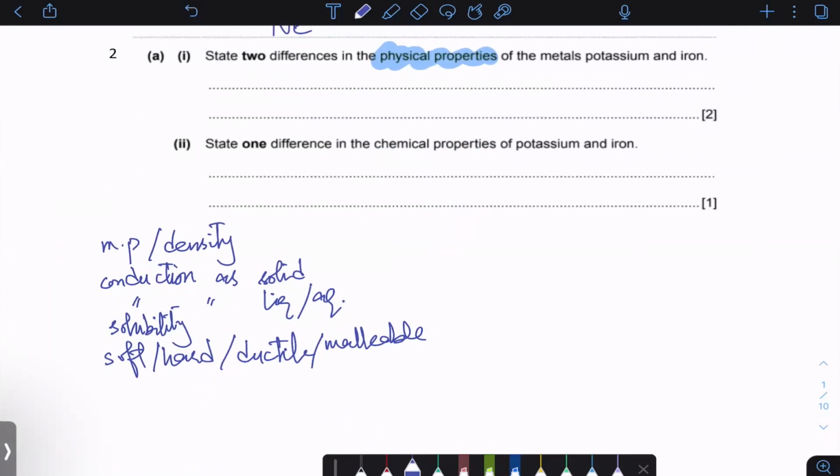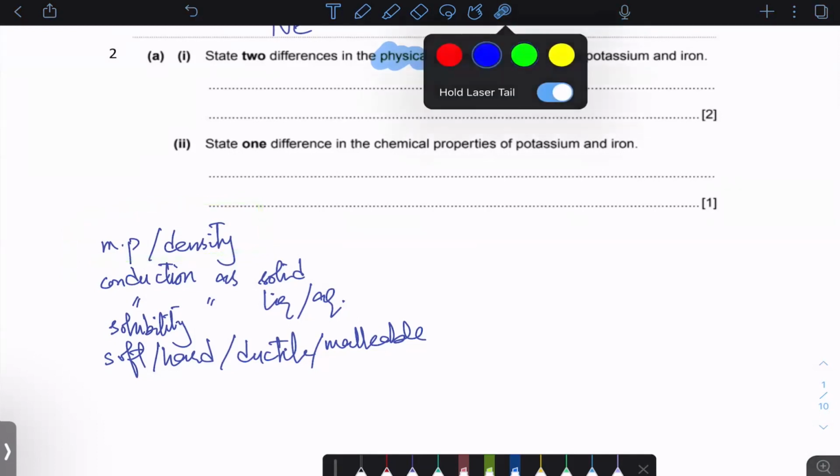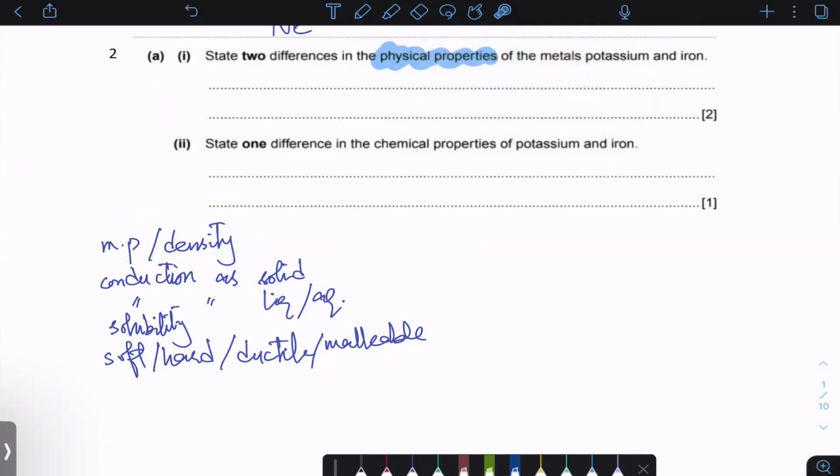So state 2 differences in physical properties. अच्छा, अब यहाँ पे a common mistake again that students give is कि वो बता देते हैं कि one possible answer, let me tell. Let's suppose मैं इसकी बात कर रहा हूँ, melting point and density की. So I might say कि potassium has low density, iron has high density.